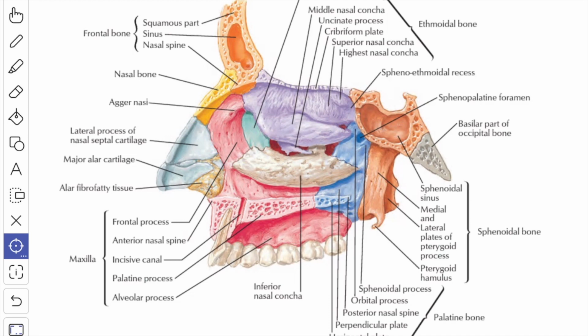Above and behind the superior concha lies the depression known as the sphenoethmoidal recess. The posterior wall of the sphenoethmoidal recess receives the opening of the sphenoidal air sinus.